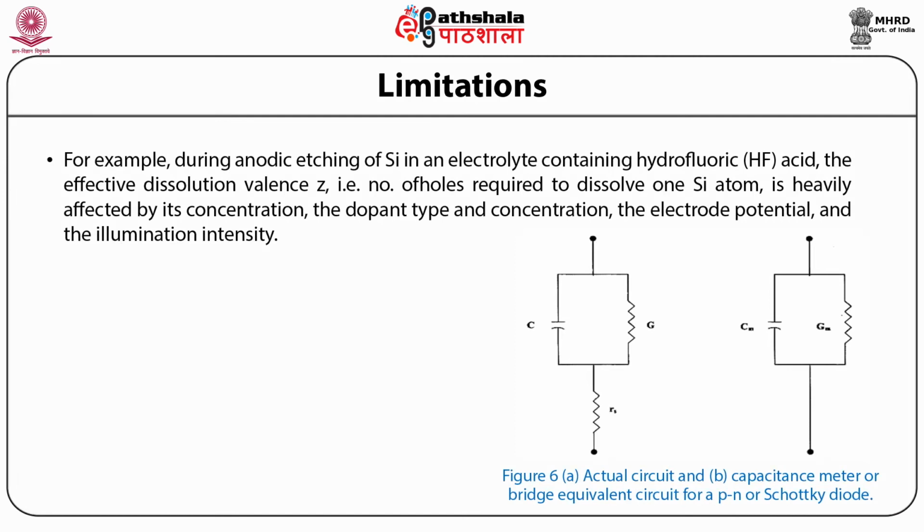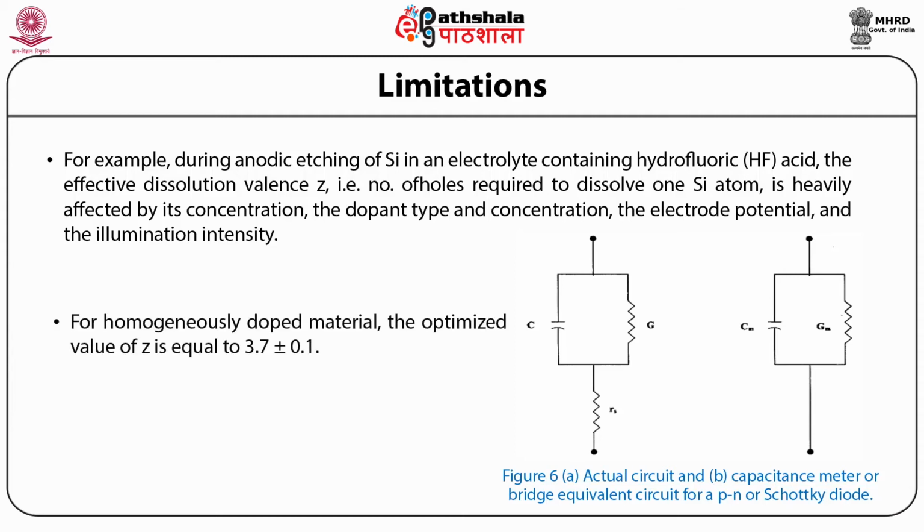For example, during anodic etching of Si in an electrolyte containing hydrofluoric acid, the effective dissolution valency Z, that is, the number of holes required to dissolve one silicon atom, is heavily affected by its concentration, the dopant type and concentration, the electrode potential, and illumination intensity. For homogeneously doped material and optimized conditions, Z equals 3.7 plus or minus 0.1.